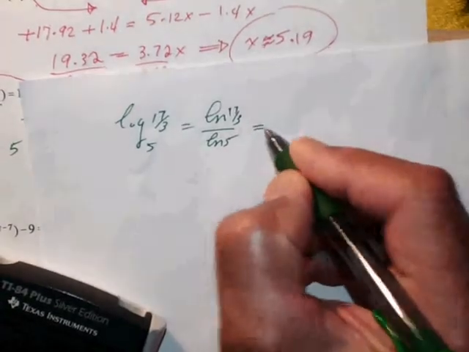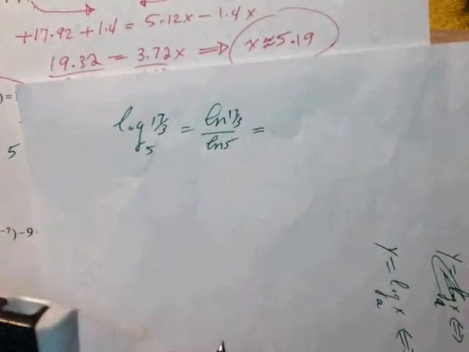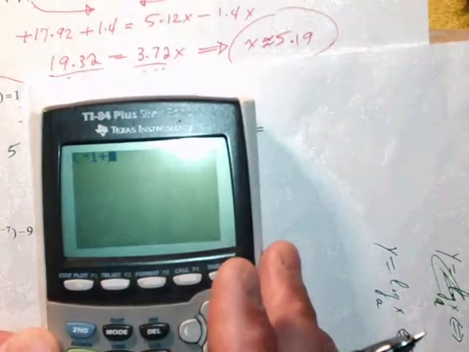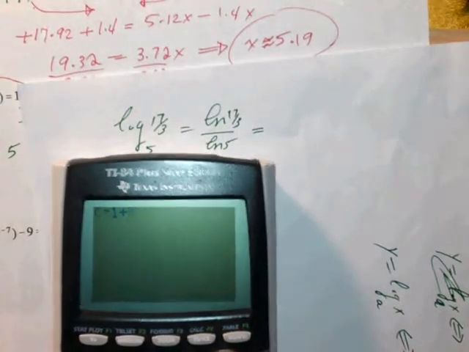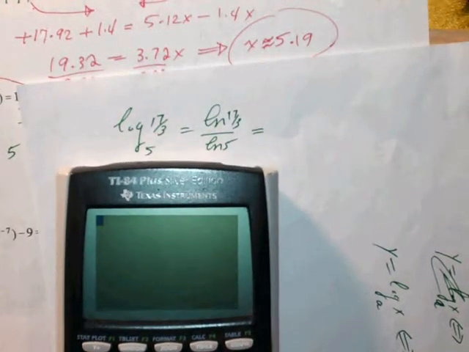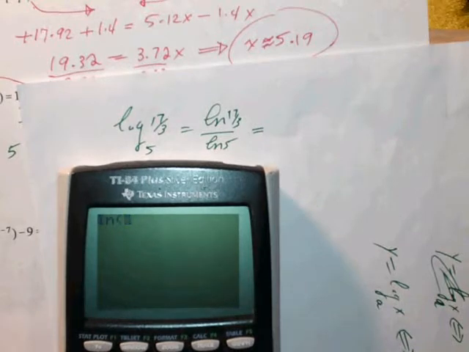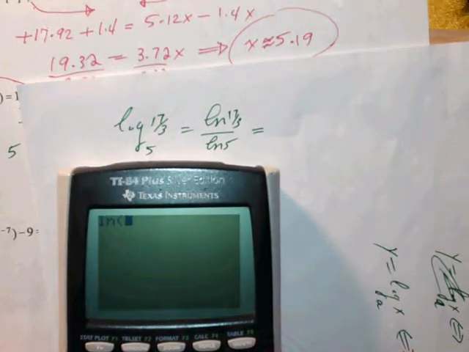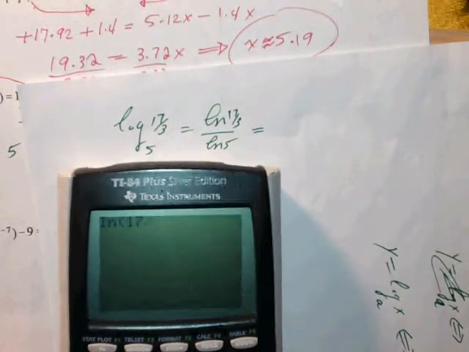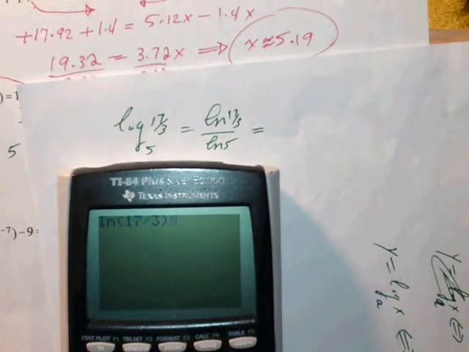And if I put this one in my calculator, then here we go. See, ln of 17 divided by 3, and all of that divided by ln of 5.